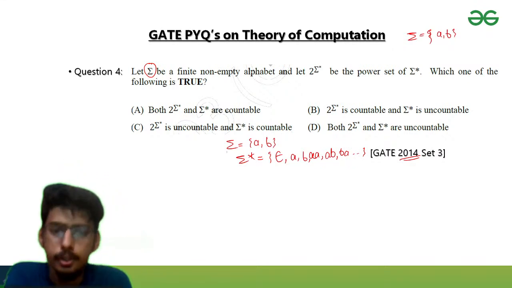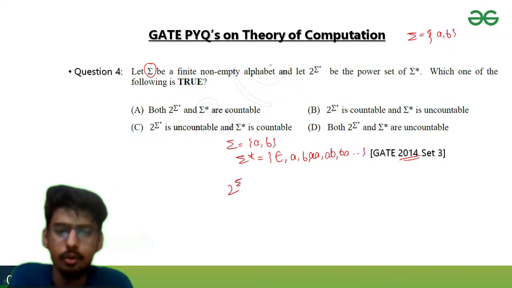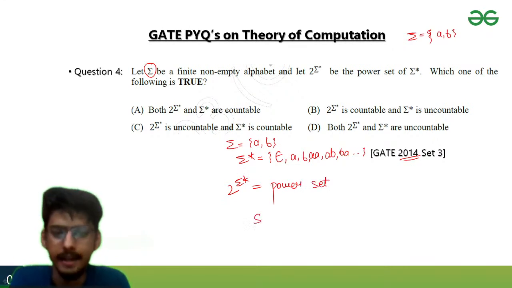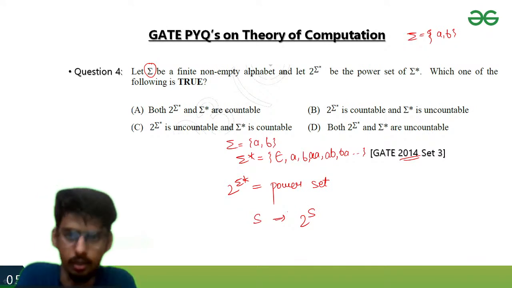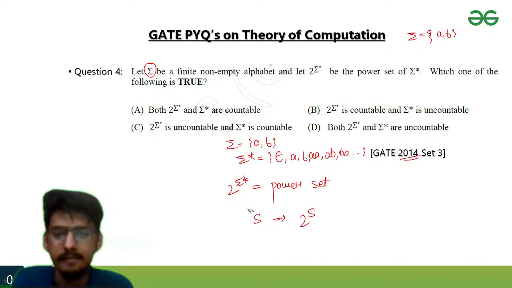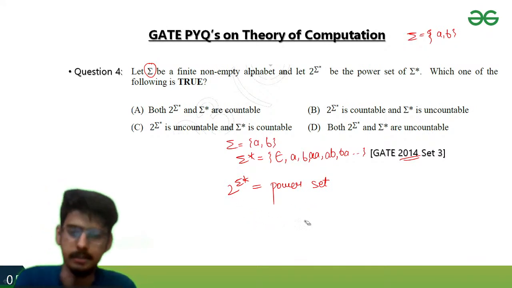Now 2 to the power sigma star is also known as the power set. If I have a set S, or a language S, then 2 to the power S is known as the power set of S. So 2 to the power sigma star is the power set of sigma star.